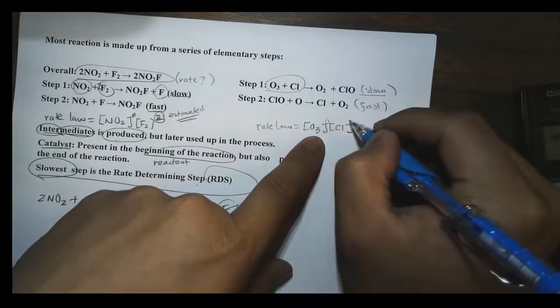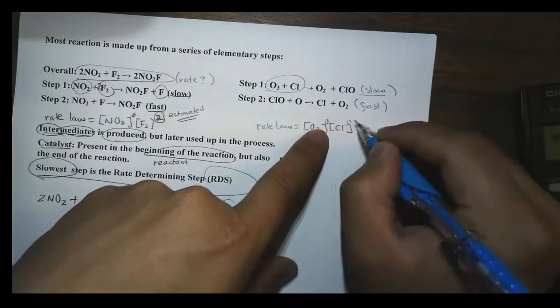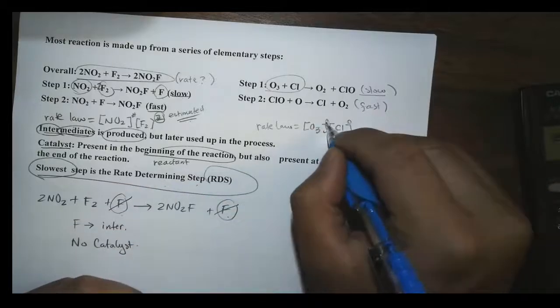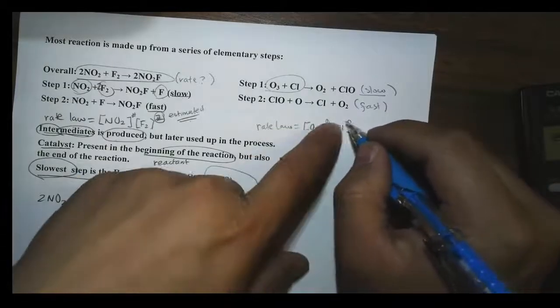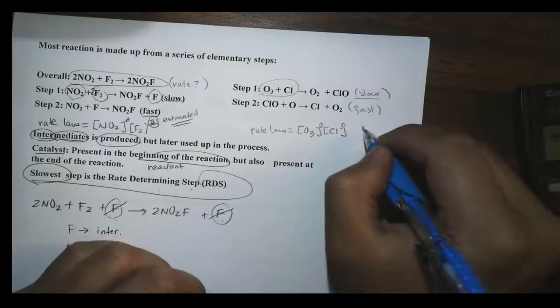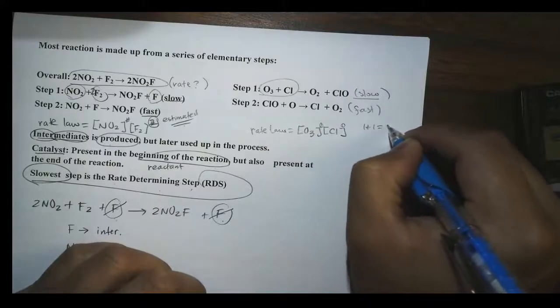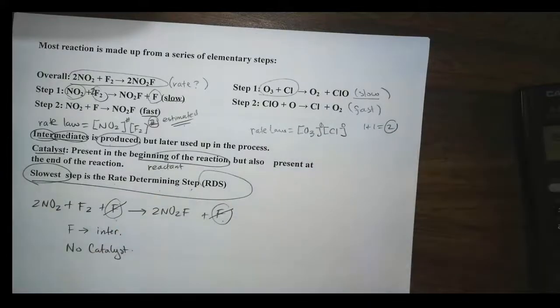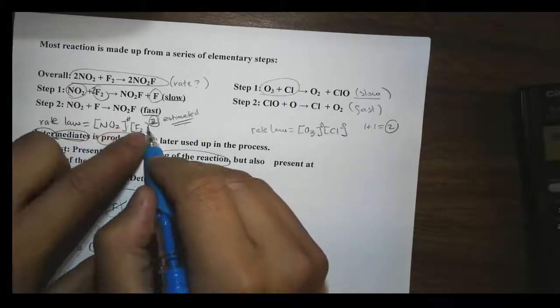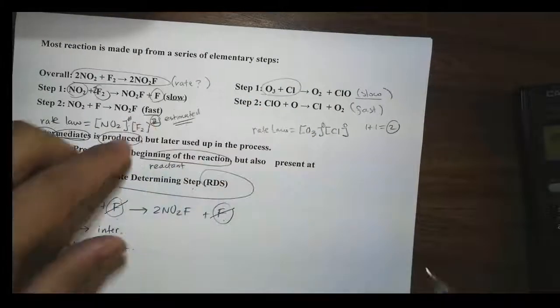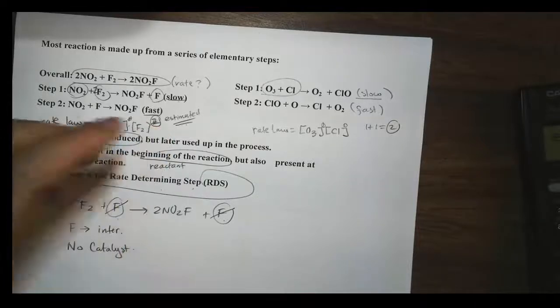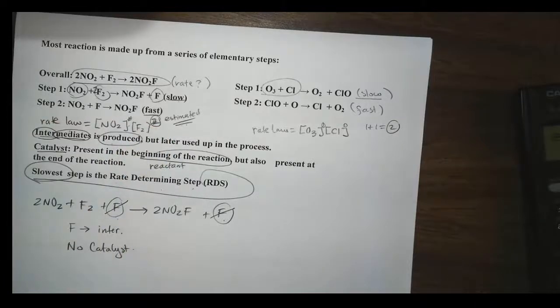And of course, if there's no exponent there, that tells you it has to be 1. So what is the total order of this reaction rate law going to be? Of course, 1 plus 1 gives you 2. So that's the total reaction order of the rate law. And over here, if this were just 1, of course that would be the total as well. If this were a 2, that would be a reaction order of 3.